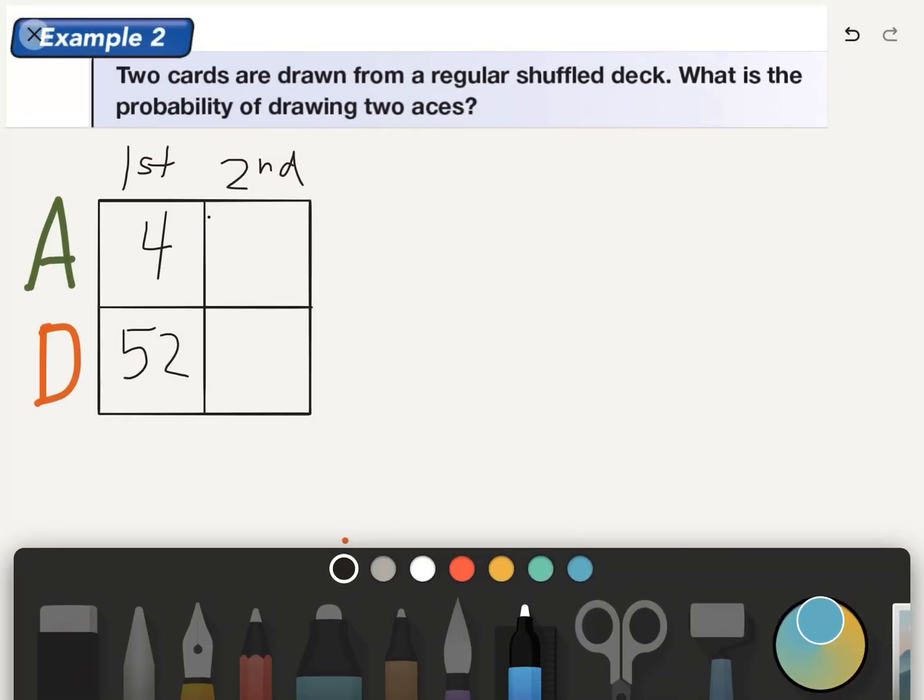Example 2. 2 cards are drawn from a regular shuffled deck. What is the probability of drawing 2 aces? Okay, well, so starting out, there are 4 aces in a deck of 52 cards.